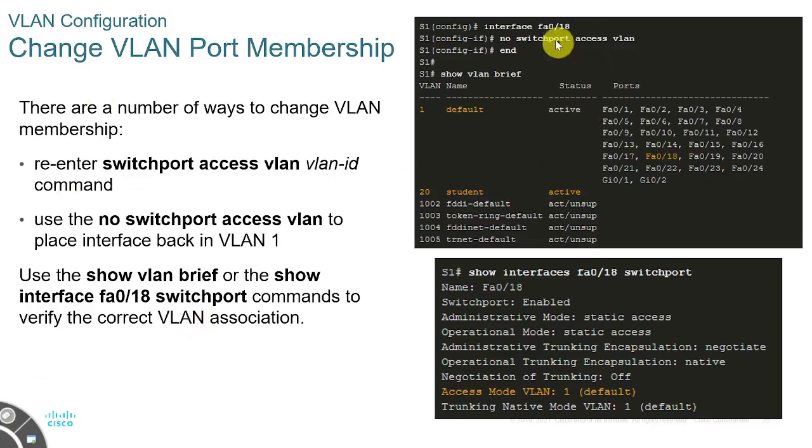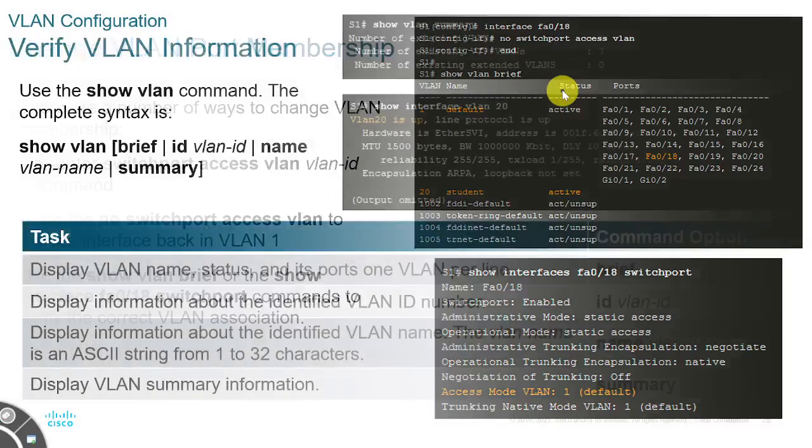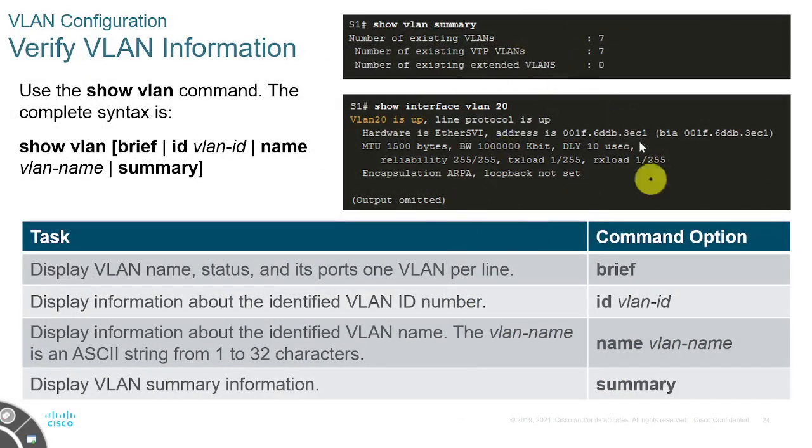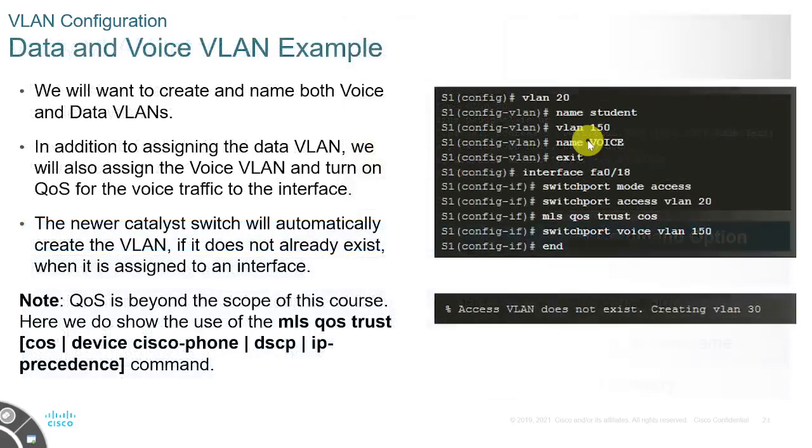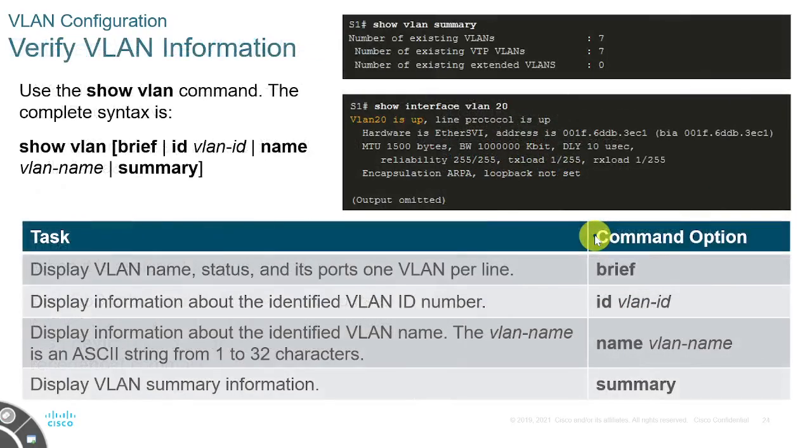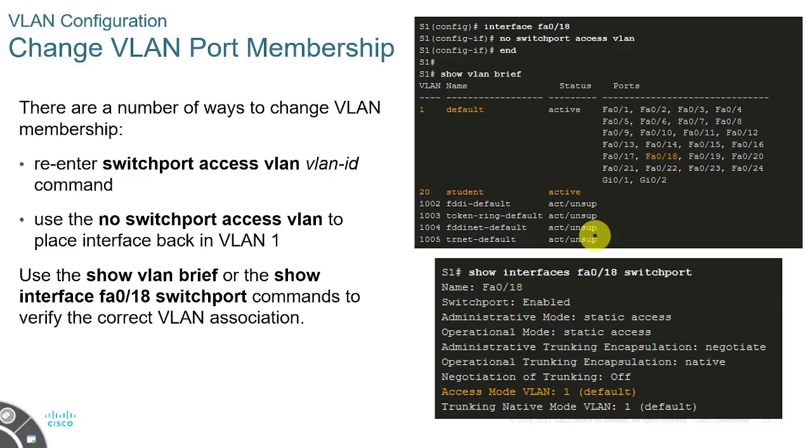Now, we want to check this interface that we have already configured, right? Here, I've already configured two VLANs, right? The student and the voice, 20 and 150. Okay, interface FA0/18, we enter.